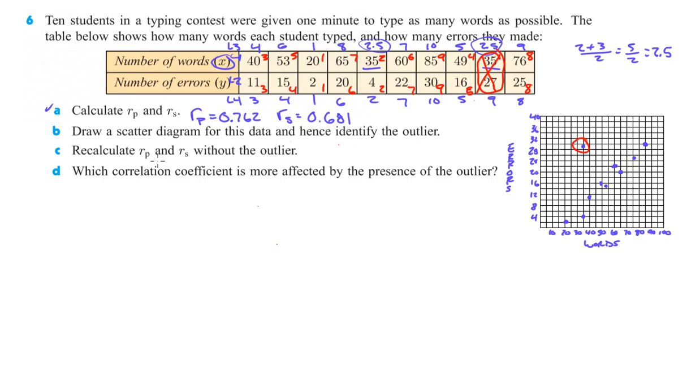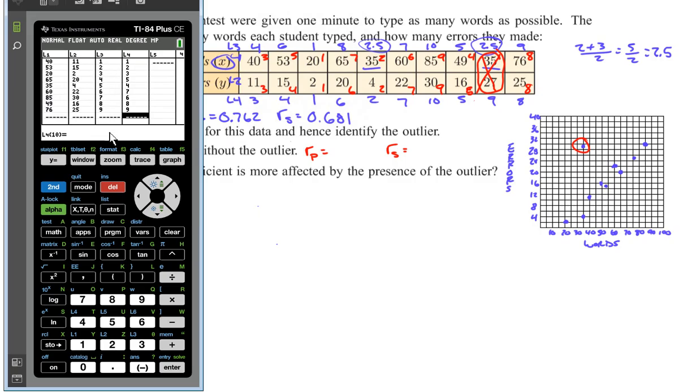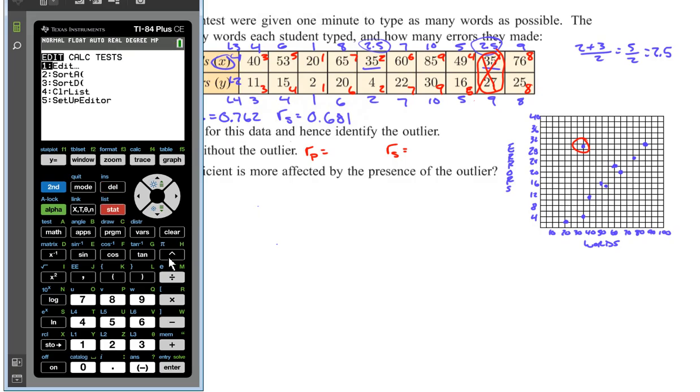Okay, so now it says recalculate RP and RS without the outlier. So let's calculate those out. We're going to do stat, and calculate the linear regression. So that's number 4.